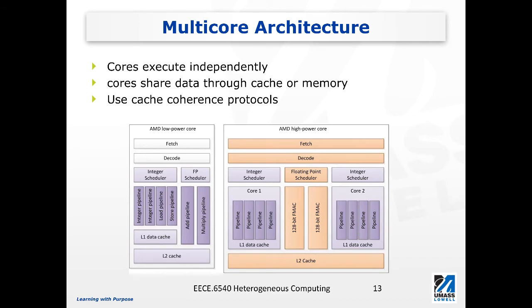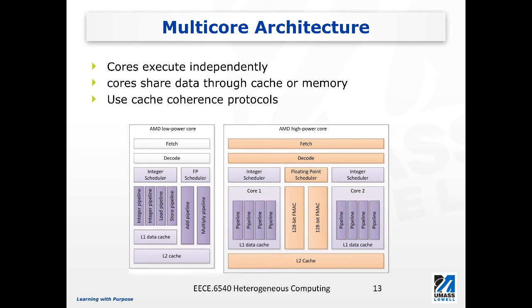As you can see, in the dual core processor, each core has its own pipeline and also a private level 1 data cache. They share a level 2 data cache, and they can then exchange data through the level 2 data cache, also through the main memory.